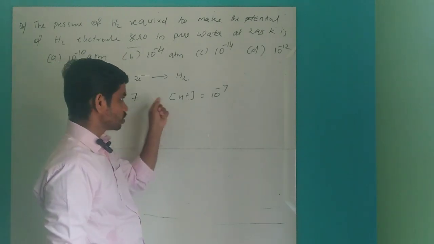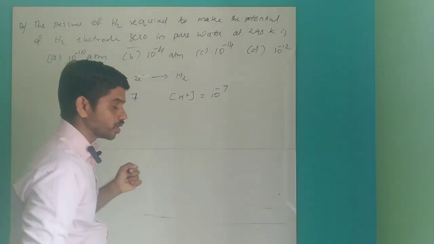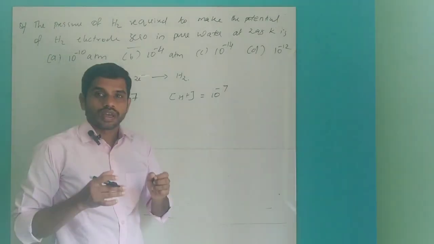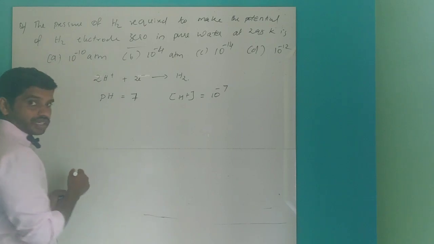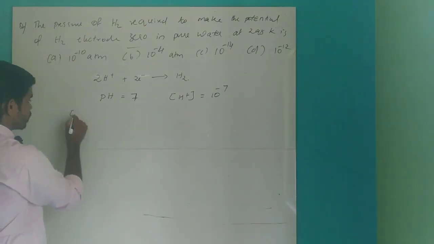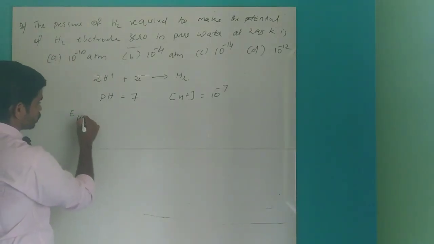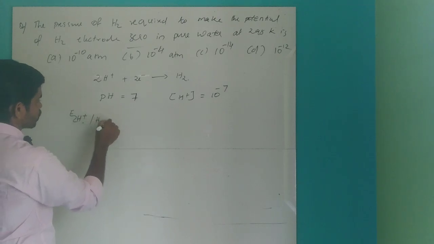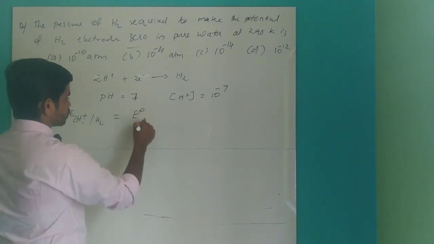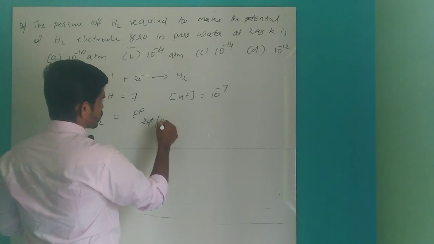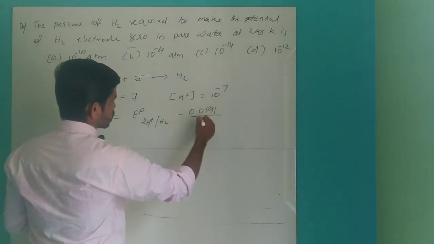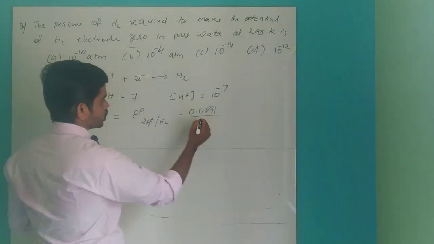You have to write 10 to the power minus 7. Okay, yes. Now what is the EMF for a single electrode? We studied that the EMF for 2H plus bar H2 is equal to E0 of 2H plus bar H2 minus 0.0591 by N. What is the N value?